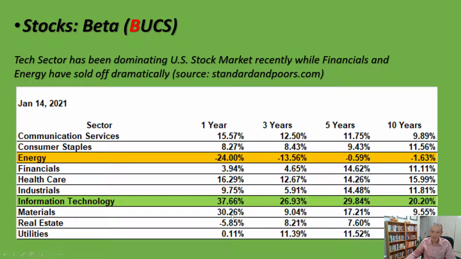Now, why materials are doing well, that's a good debate. Gold might be part of that, but there's a lot more to materials than gold. Steel and concrete and other things are in there. So it's hard to say exactly what's going on with materials. Real estate has not done well. Hard to discuss that. Healthcare obviously has done well here recently because of COVID-19. Communication services has done well because that's where Facebook and Alphabet are.